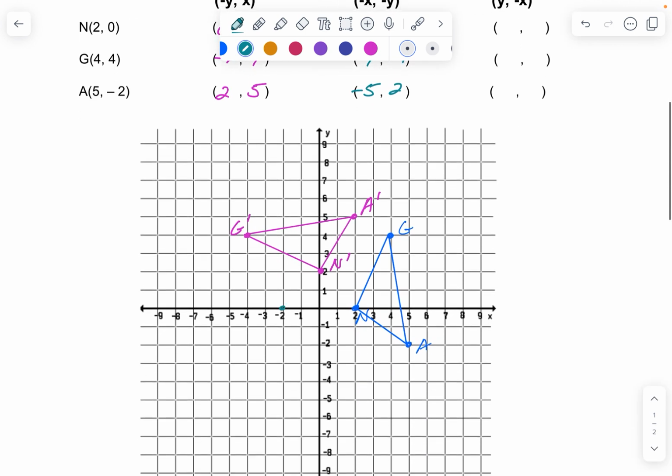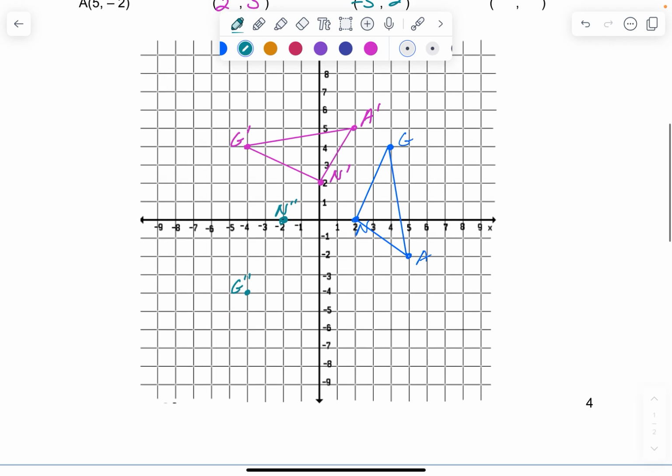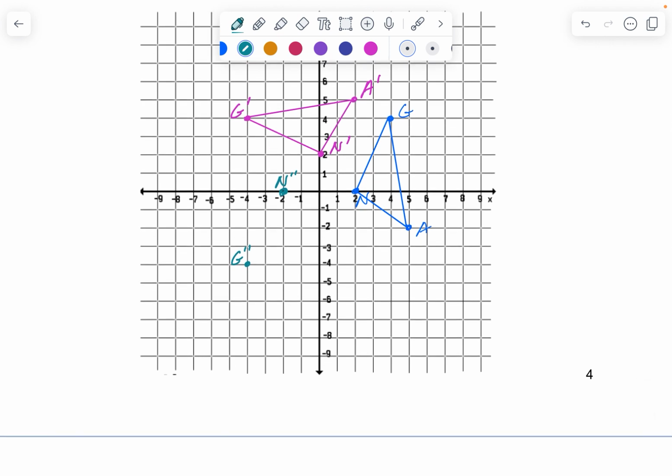So that's N, we'll call it double prime, G double prime, and (negative 5, 2), there's my A double prime. So if you look at the initial blue triangle, turn the paper upside down, 180 degrees, that blue triangle should be right where that teal triangle is now.